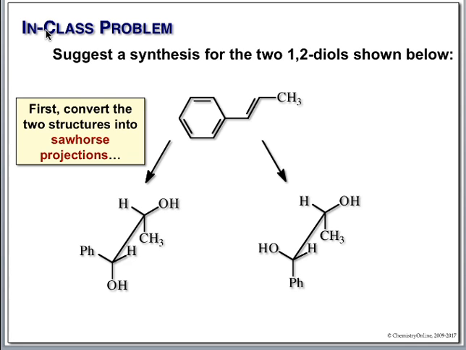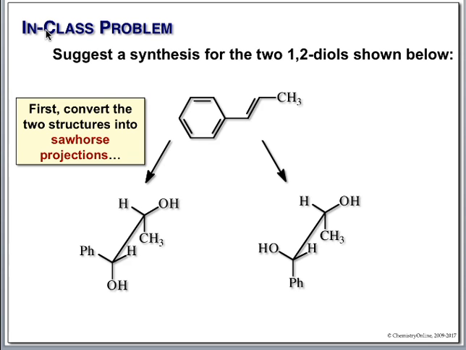Now, if we look at our starting alkene, what's the stereochemistry on our alkene? Well, the phenyl group and the methyl are trans to each other, right? They're trans. So what I want to do is rotate around this thing somehow so that my phenyl group and my methyl are on opposite sides, as if they were trans, right?